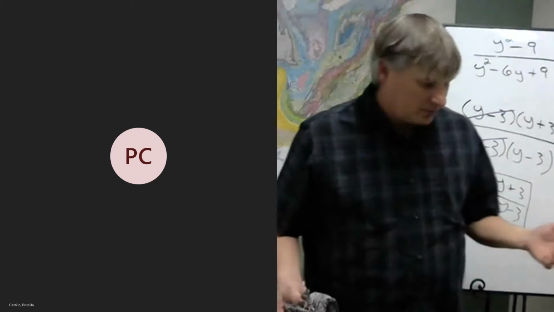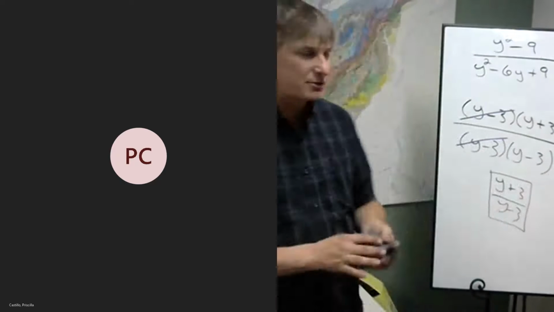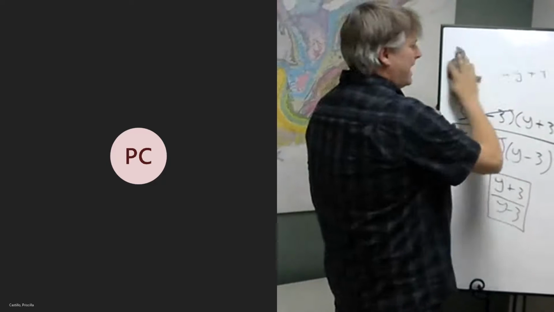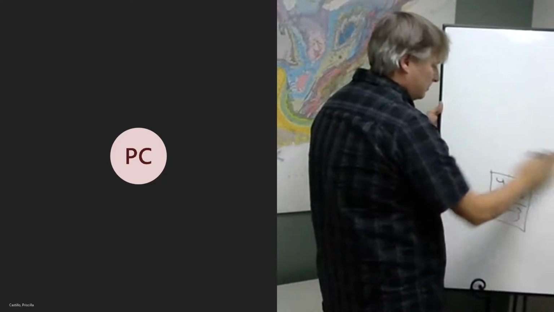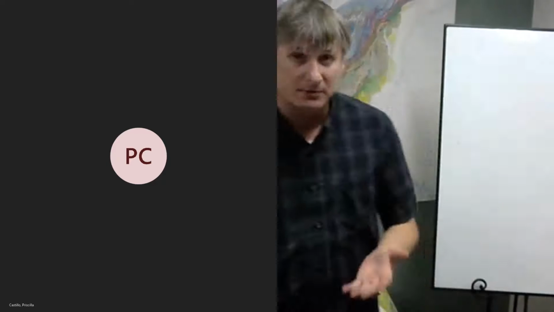And then in 6.1, we looked at multiplying and dividing rational expressions. And again, we do that the same way we multiply and divide fractions. So I'll do one more from 6.1, then jump to 6.2.